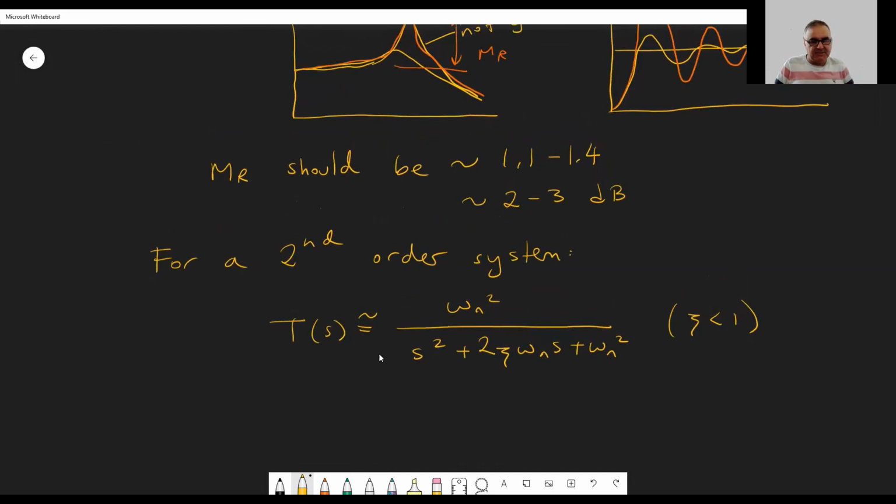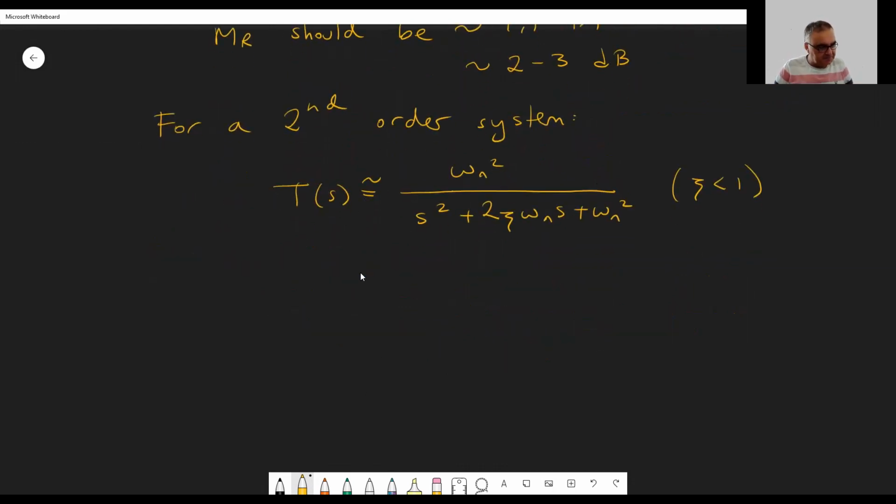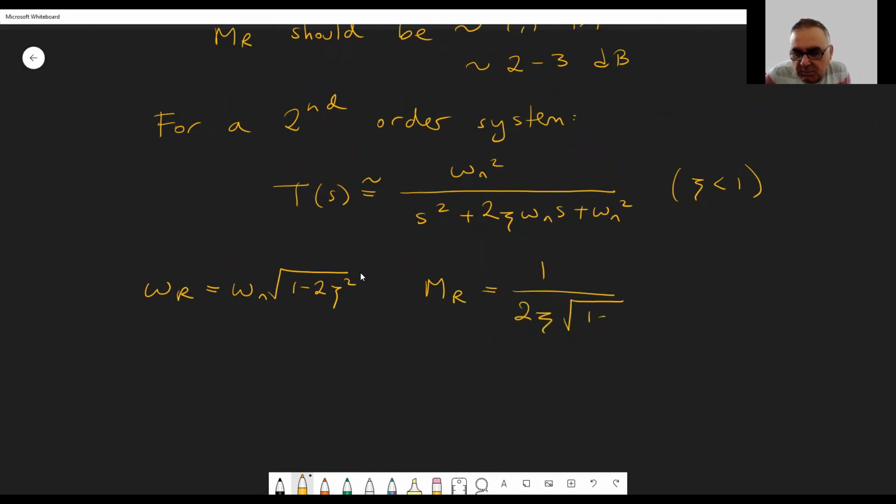In that case, the resonant frequency will be equal to omega n times the square root of 1 minus 2 zeta squared, as you might remember. And the maximum peak value at the resonance is 1 over 2 zeta root 1 minus zeta squared. And we note that it is a function of the damping ratio zeta only.